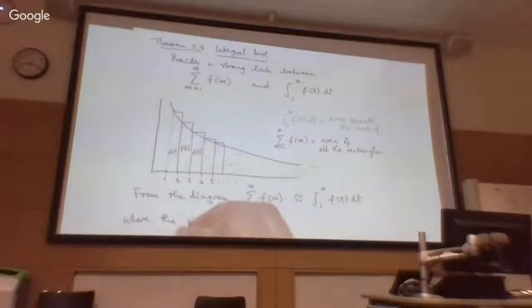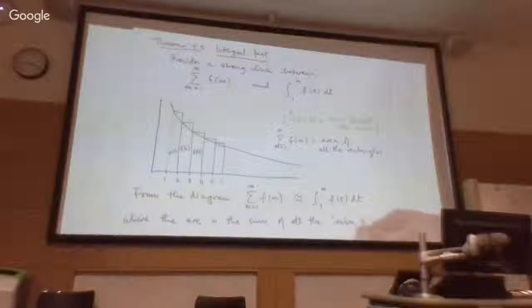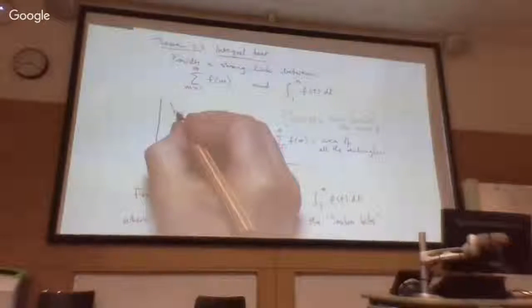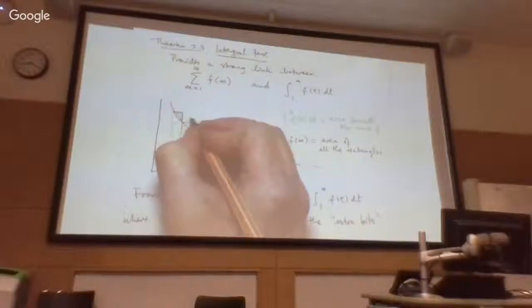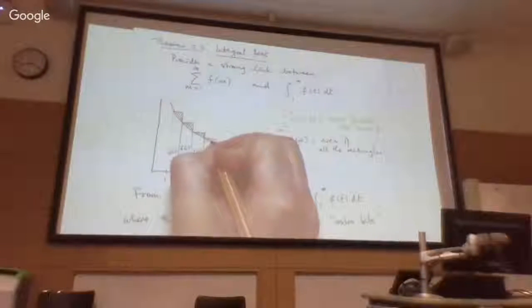The error is the sum of all the extra bits. So what do those extra bits look like? They're all these little bits that are poking out above the function, poking out above the curve.